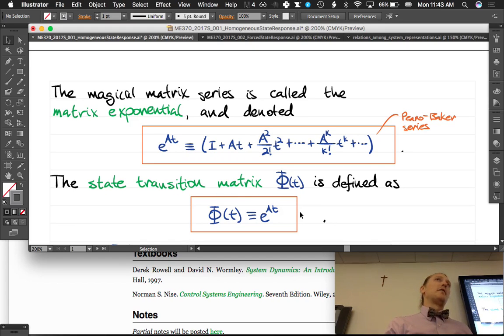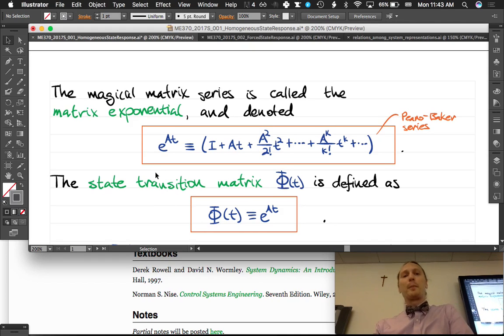So we have two names for the same object. We can call it the matrix exponential of the A matrix, or we could call it the state transition matrix. State transition matrix is a little bit more descriptive, and you don't have to say the matrix exponential of the A matrix. You can just say the state transition matrix for the system.